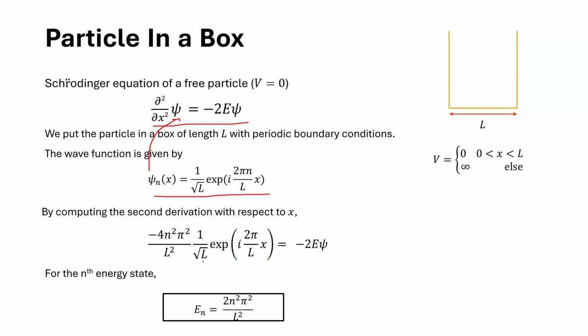I get this expression, which is psi times this factor. If you do the math, you will find that En is equal to 2n squared pi squared over L squared, because psi goes away from the right hand side. So we have the expression for the energy of the nth energy state.